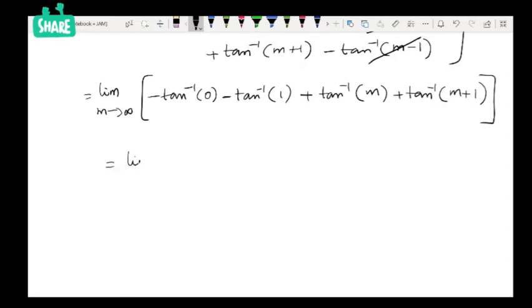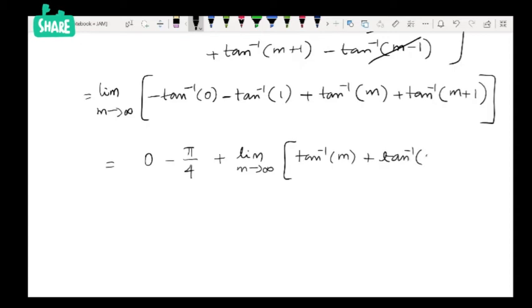First let me write the finite numbers. So 0 minus tan inverse of 1 will be pi by 4. Then we can apply the limits to the remaining values, which involves m actually. So when you apply m tends to infinity, you will be getting tan inverse of infinity and again tan inverse of infinity.